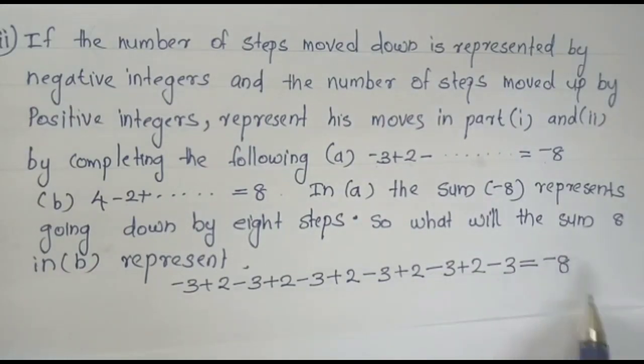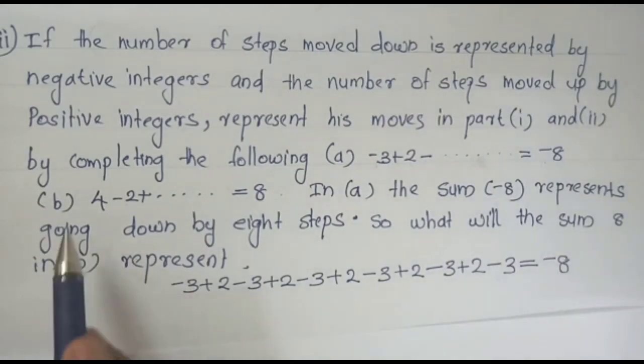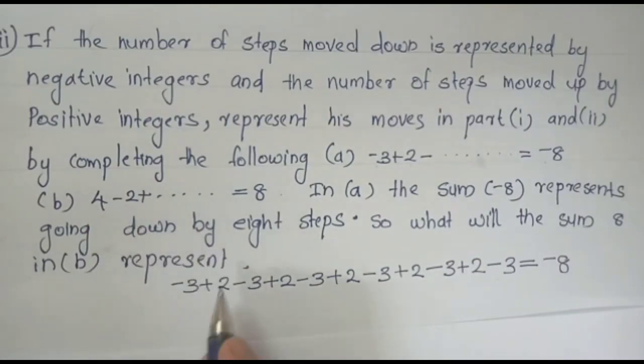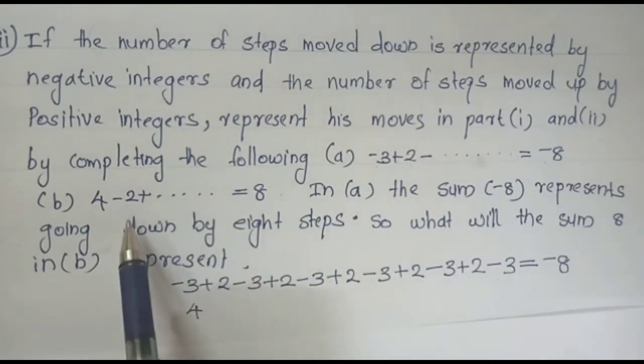So we can complete it like this. And in case B, he is going up 4, then down 2, and he took 5 jumps that we have solved.